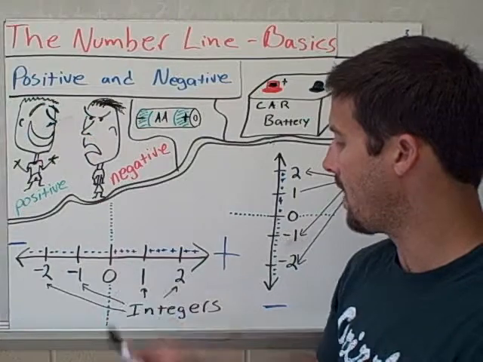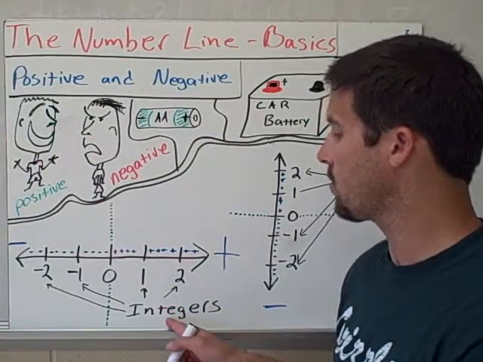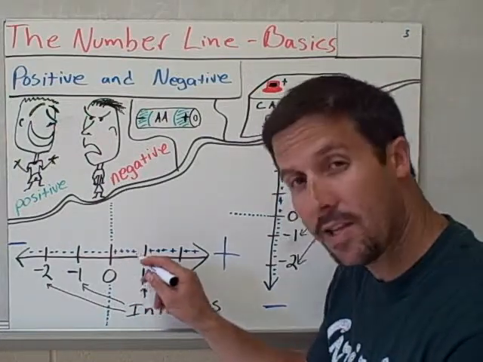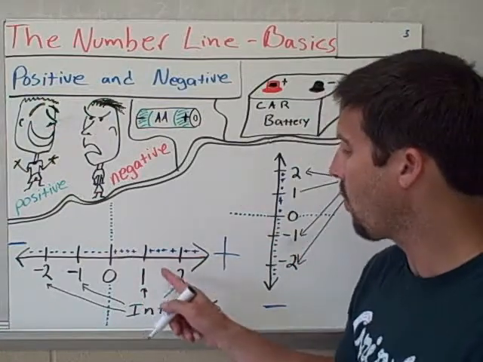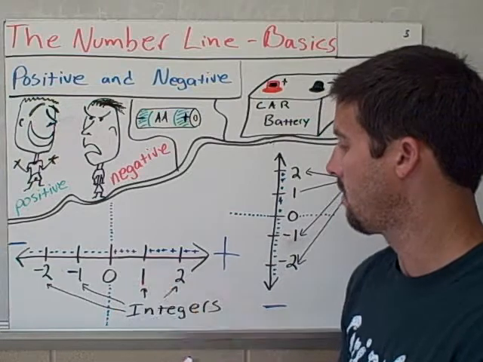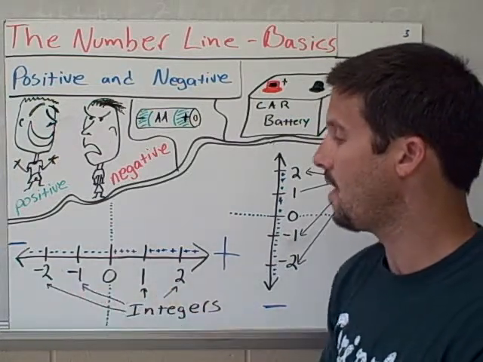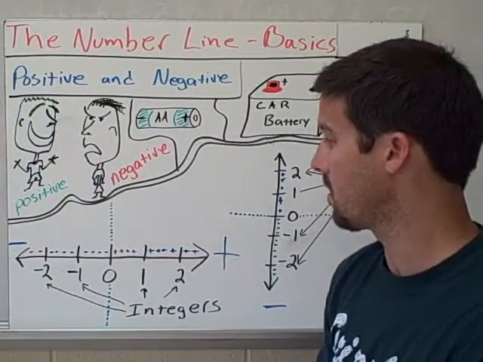Now, for the number line, we're going to introduce the concept of integers. Integers are just the whole numbers that you see, not with all the little tiny numbers in between, because there's numbers in there too. But we're just going to concentrate on the big numbers that you see. A 1, a 2, a 0, a -1, and a -2. Now this may be a new concept for you.